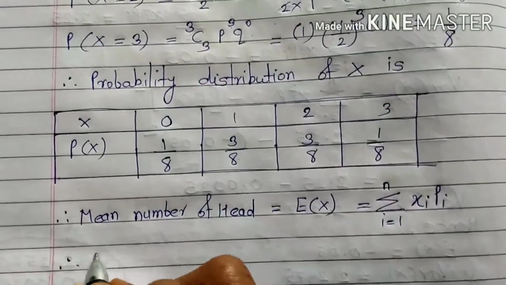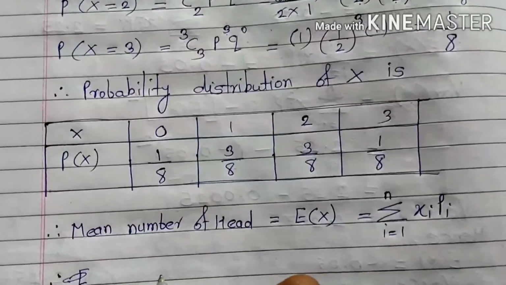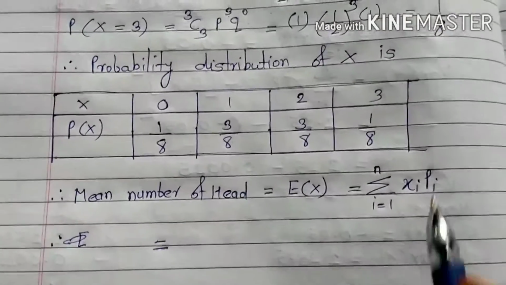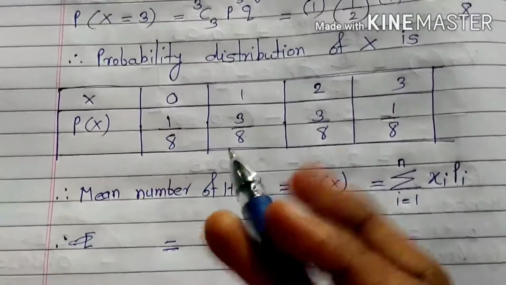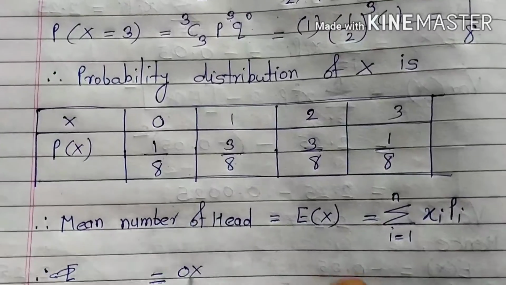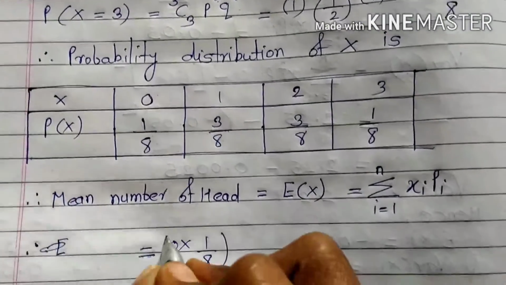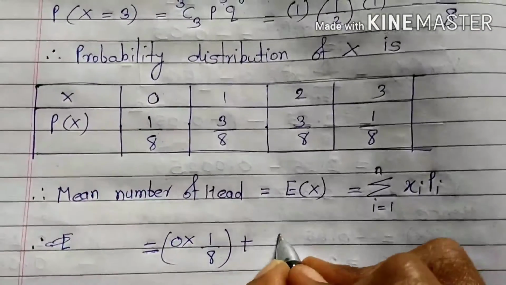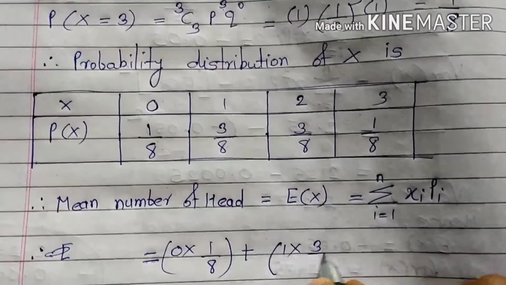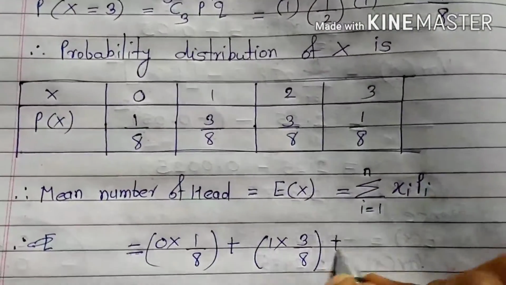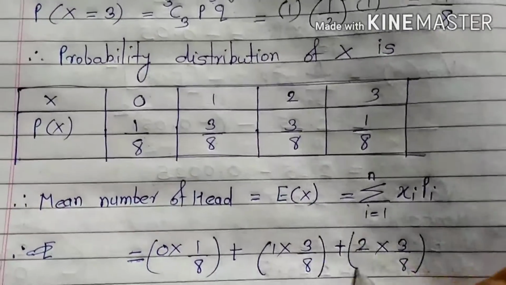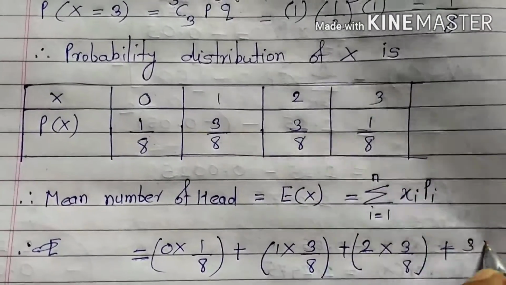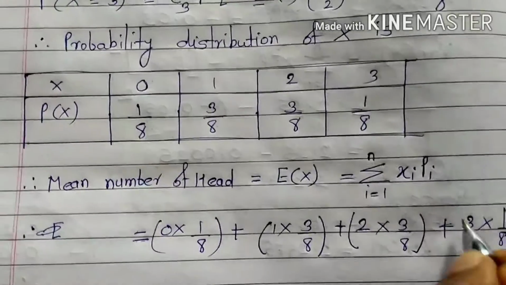Sorry, now it is the multiplication xi into pi. So it is 0 into 1 by 8 plus 1 into 3 by 8 plus 2 into 3 by 8 plus 3 into 1 by 8.